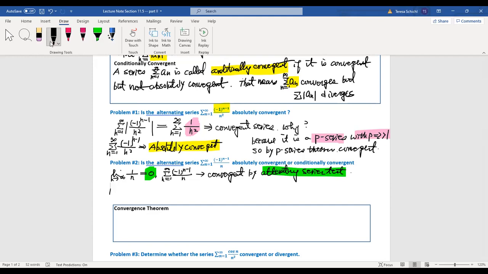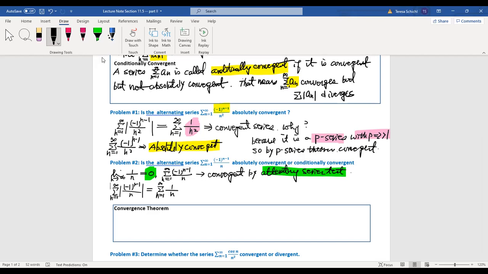If I put the absolute value in here, what happens? So n from 1 to infinity, now I put the absolute values here. This is (-1)^(n-1), and this is n. This will give you the sum from n=1 to infinity of 1 over n, right?